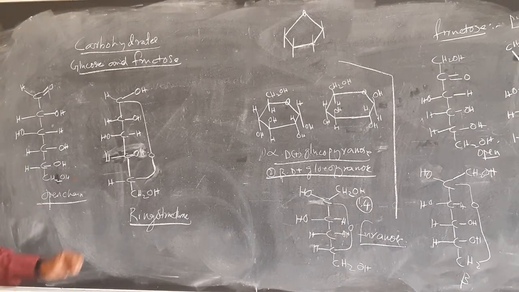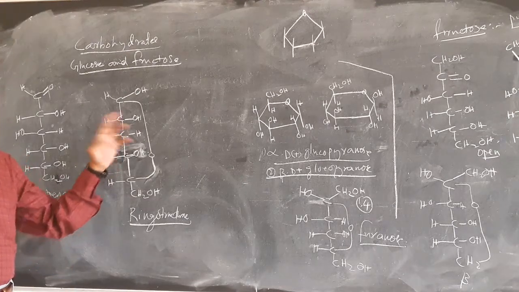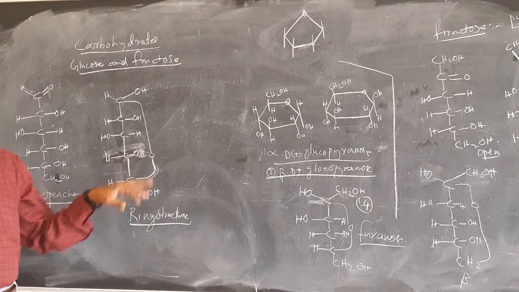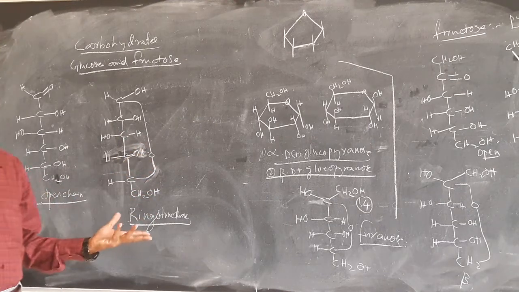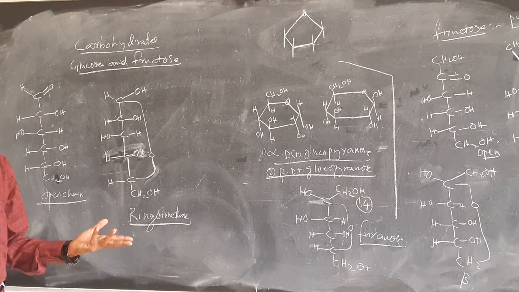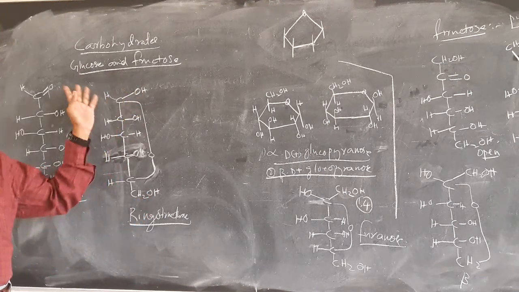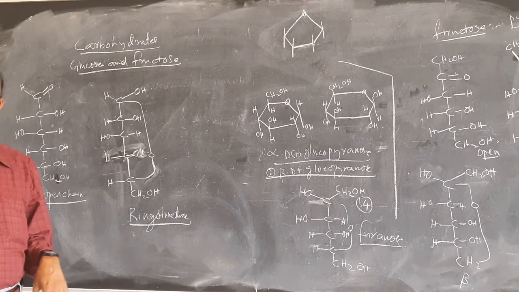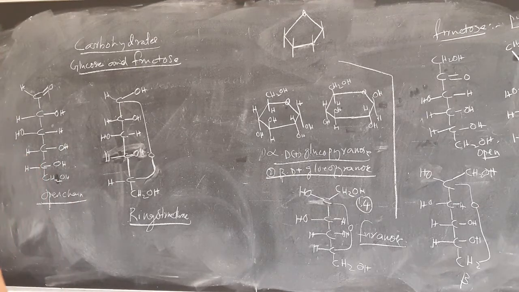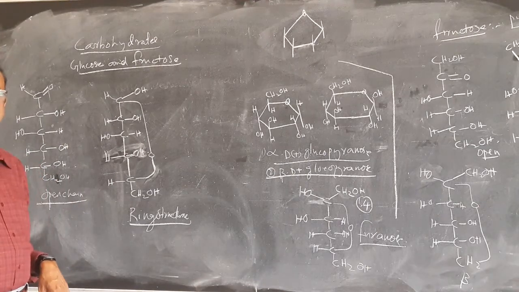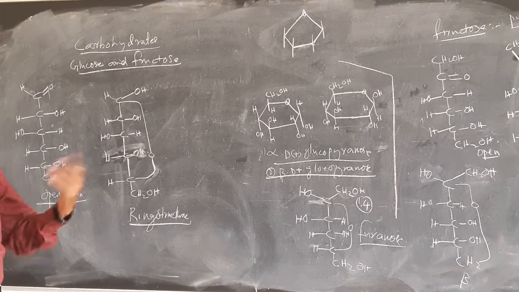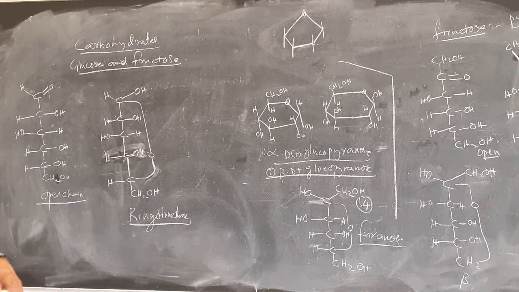In both the molecules, the molecular formula is C6H12O6. Same type of molecules, glucose and fructose, combine together to form a sucrose molecule by removal of a water molecule. That we will discuss later in case of disaccharides.